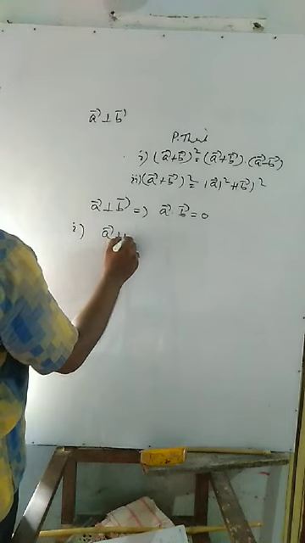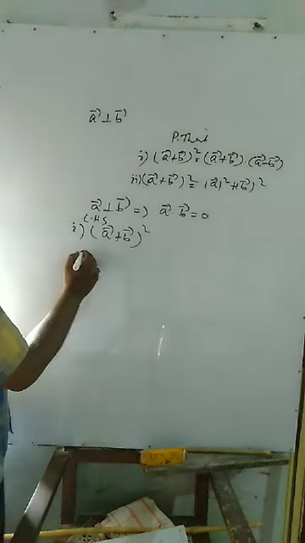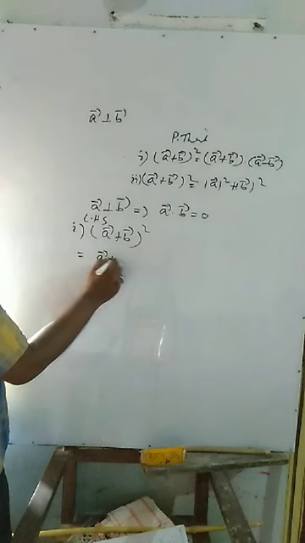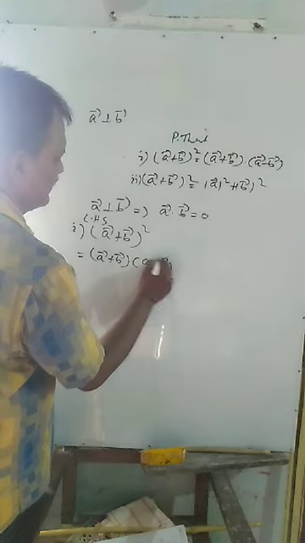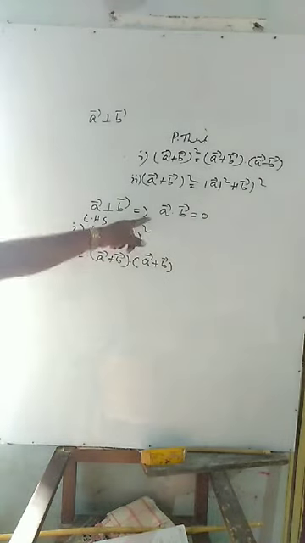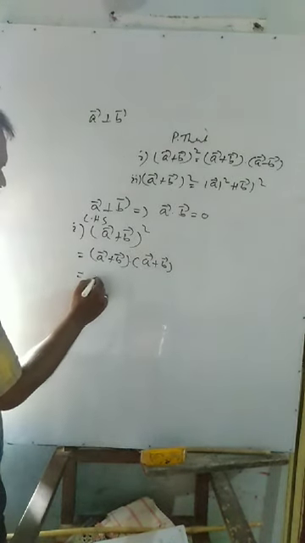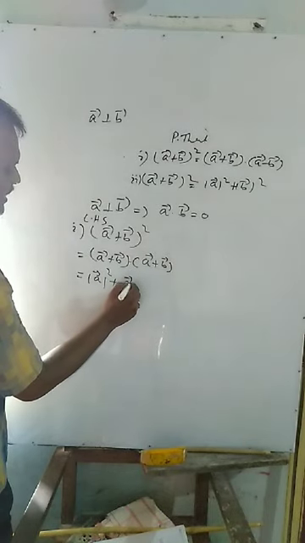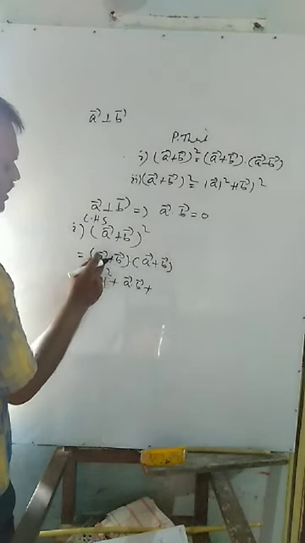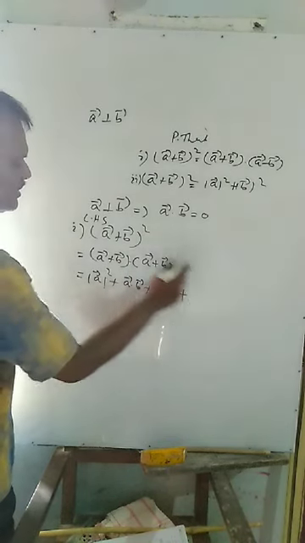Take the LHS of question number 1: (a vector plus b vector) whole square equals (a vector plus b vector) dot (a vector plus b vector). Multiplying, we get a vector square plus a dot b plus b dot a plus b vector square.